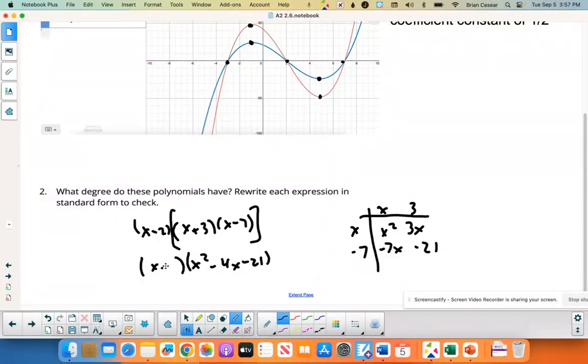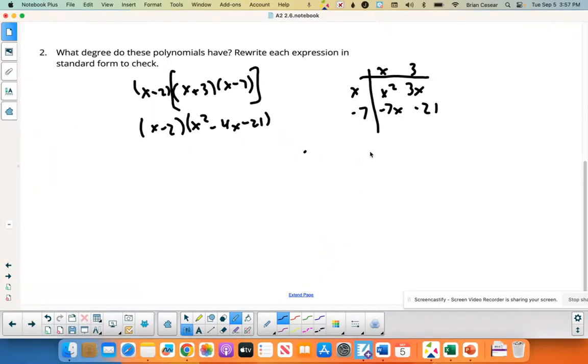And then I could do another box here, x squared, negative 4x, negative 21. Instead of drawing the box out, I just write it like that. X cubed, negative 4x squared. So you're just multiplying everything.